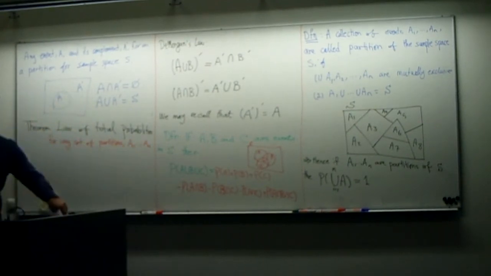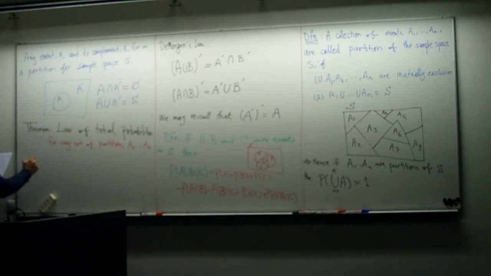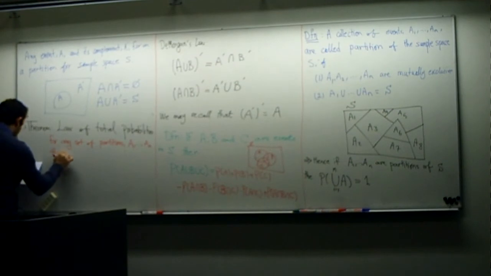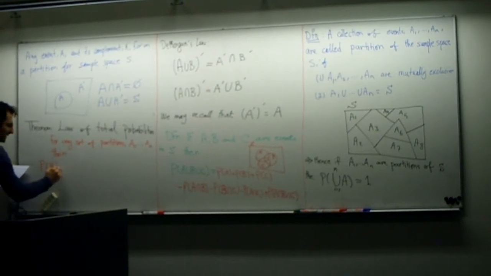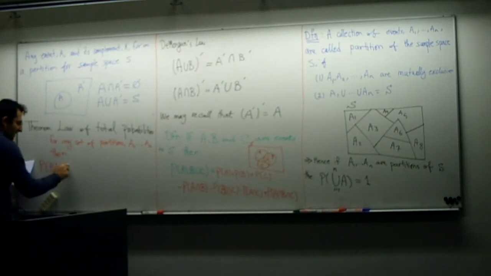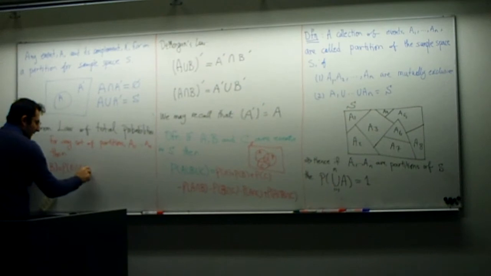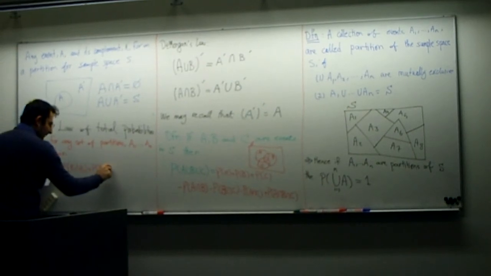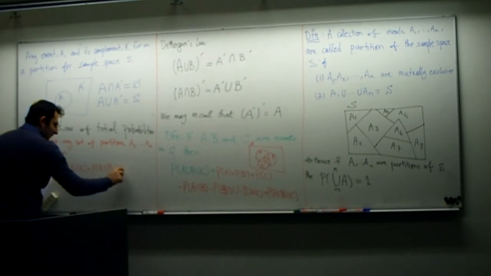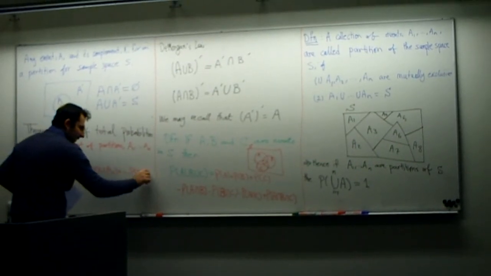In other words, I have sample space S, and I have divided it into n partitions. Then the probability of an event B is equal to the probability of B intersected by A1 plus the probability of B intersected by A2 plus the probability of B intersected by AN.